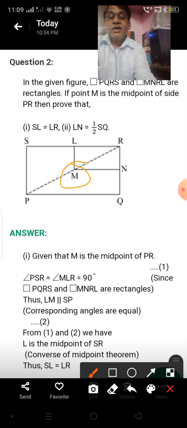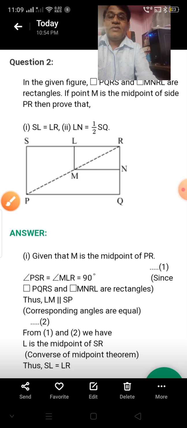Therefore, in statement 1 we already said that M is the midpoint, and in statement 2 the corresponding angles are equal, each 90. So from 1 and 2, we have L is the midpoint of SR. So by the converse of the midpoint theorem, SL is equal to LR. In this way you can prove the first, that SL is equal to LR.